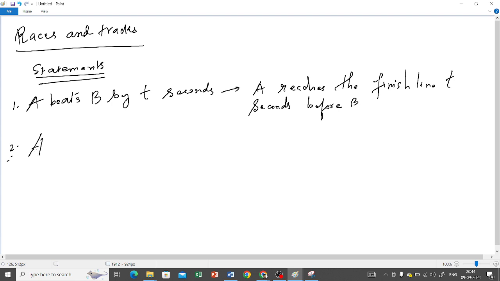A gives B a start of t seconds. What does that mean?